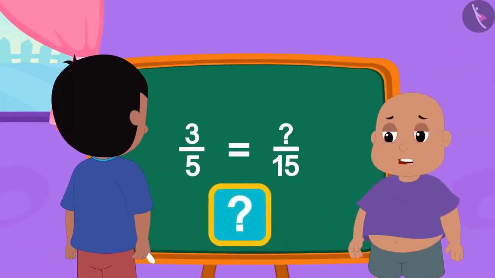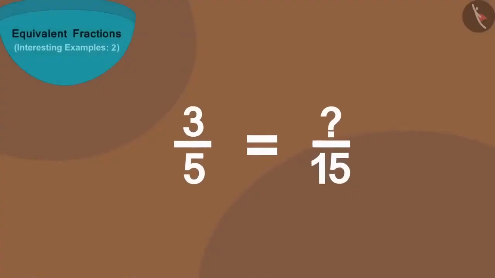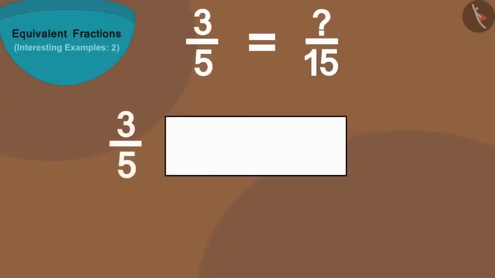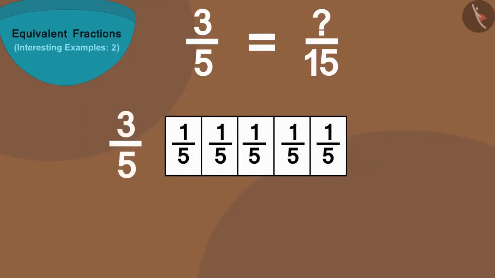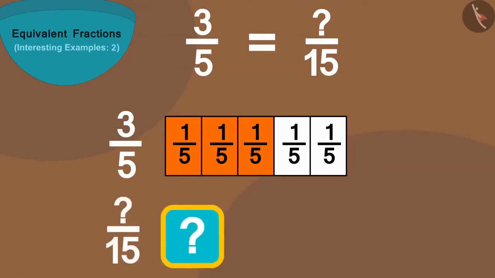Let's find it using a different shape. We can show this fraction by dividing such a strip into 5 equal parts and coloring 3 parts in it. Now, how many parts are there in its equivalent fraction? 15.